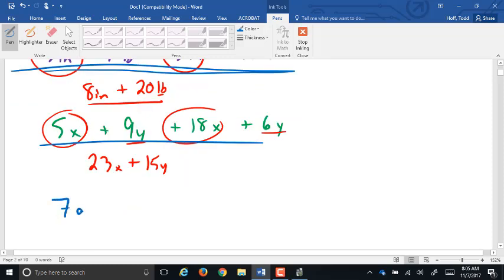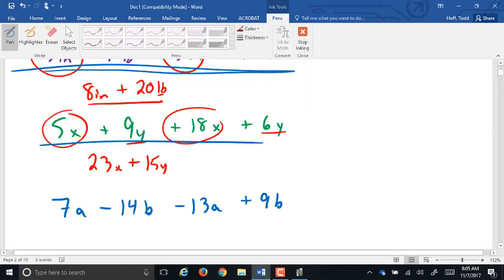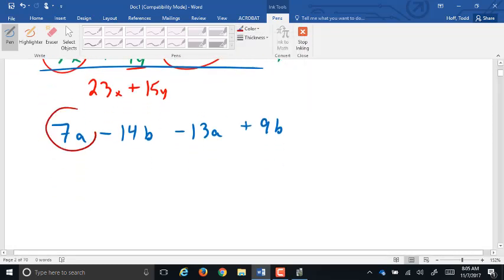I could have 7a minus 14b minus 13a plus 9b. So I'm going to combine here. 7a and negative 13a make negative 6a. Negative 14b and positive 9b, negative 5b.